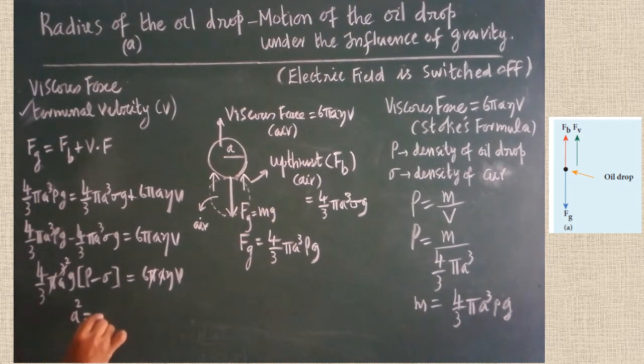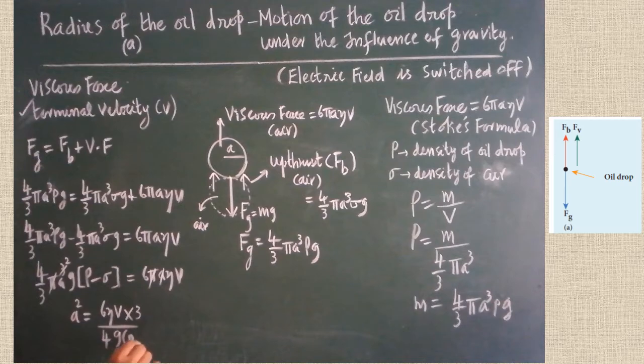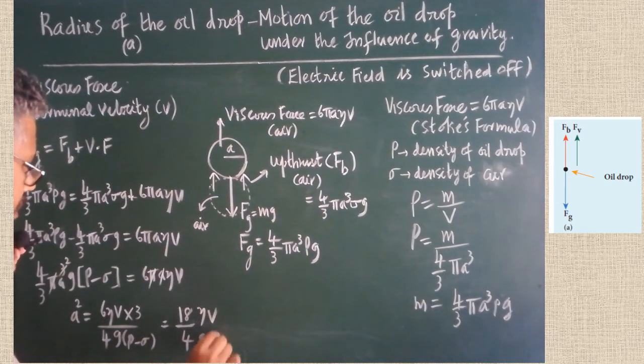A square is equal to 6 eta v divided by, this 3 can be cross multiplied. 4 can be brought down. What are the remaining factors? 4 g rho minus sigma can be written like this. So after multiplication you will get 18 divided by 4 and then eta v in the numerator is equal to g, rho minus sigma.